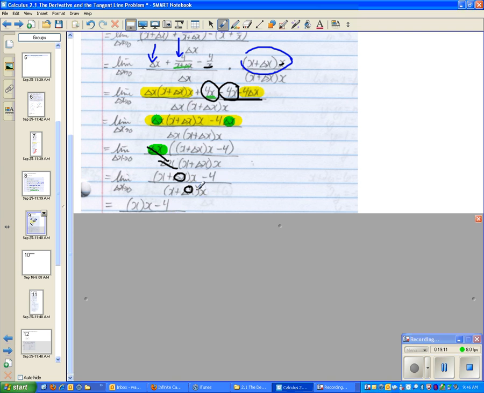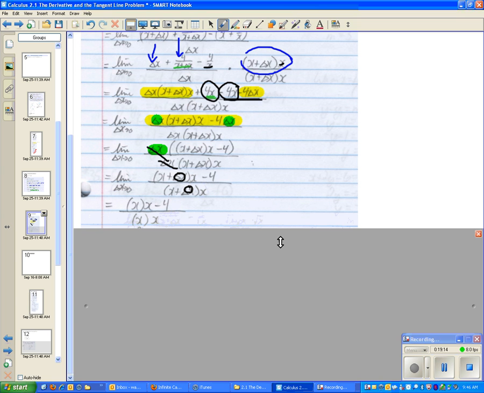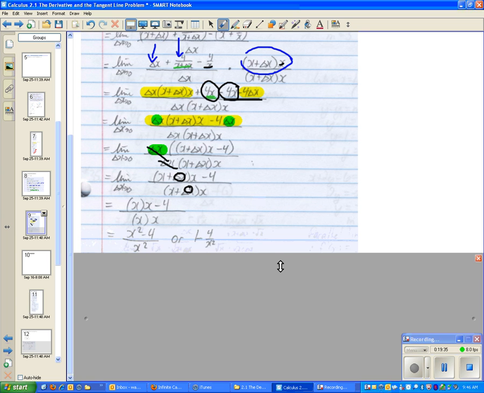In the denominator, when I put the 0 in for delta x, that first parentheses is now x, and then times the other x. You with me on the substitution? So we get x squared minus 4 over x squared.